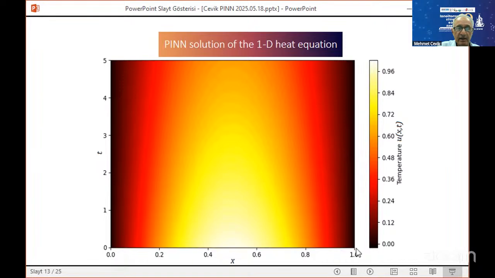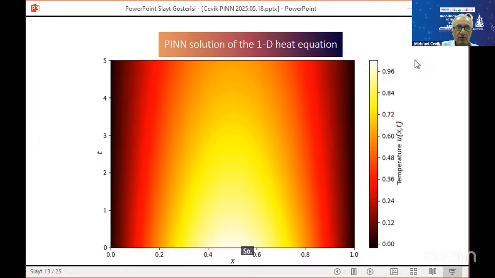In X, as you can see, the length is from 0 to 1, and the time was from 0 to 5. And this is the PINN solution for the one-dimensional heat equation.